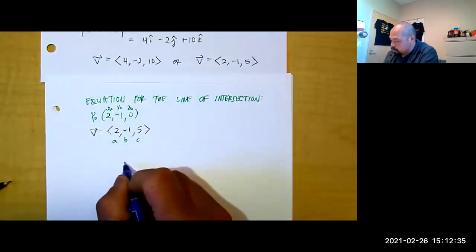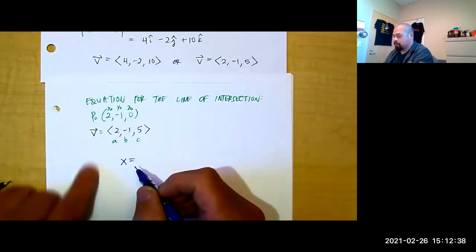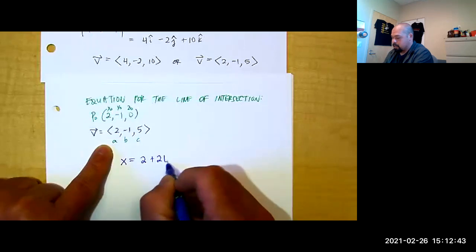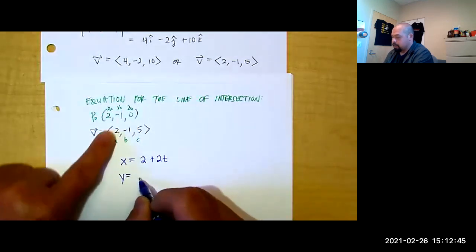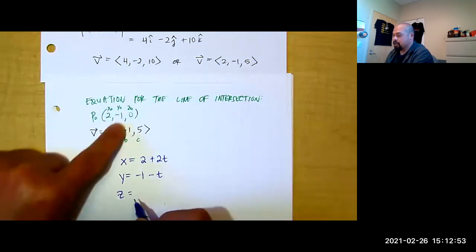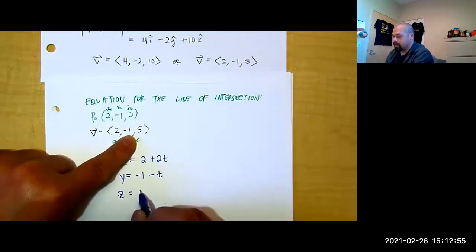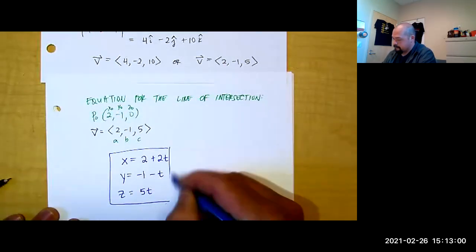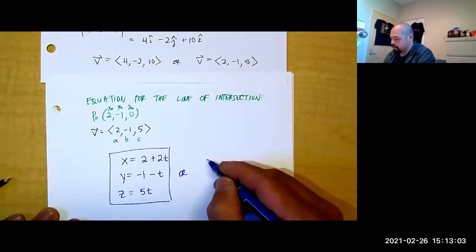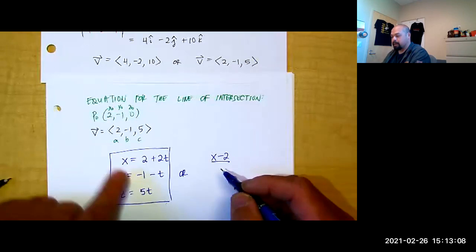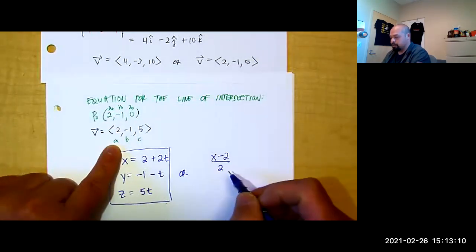So in our parametric form, x is going to be equal to x naught plus at. Y is going to be y naught plus bt, so we'll go -1t. And then z naught plus ct, so 5t there. We can put this form. Or in symmetric equations, right, x minus 2, x minus x naught over direction number 2.